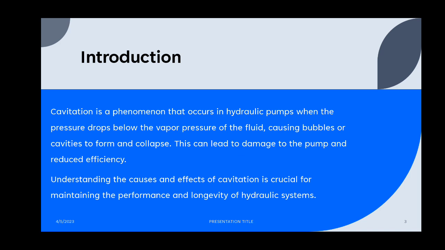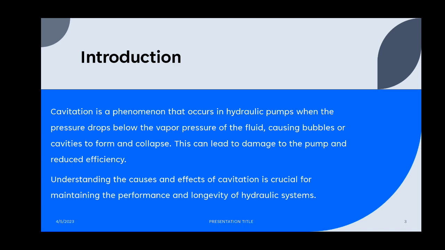So the water molecules convert into vapor, and those vapor molecules make a bubble at the point of low pressure, and those bubbles will float in the flow of the fluid.